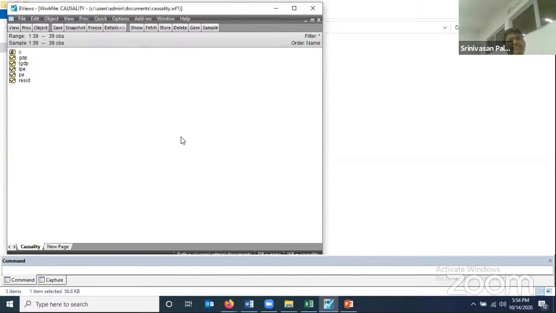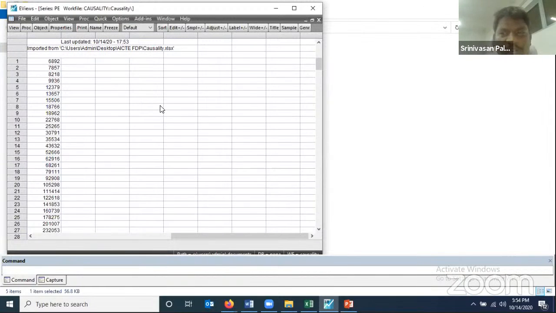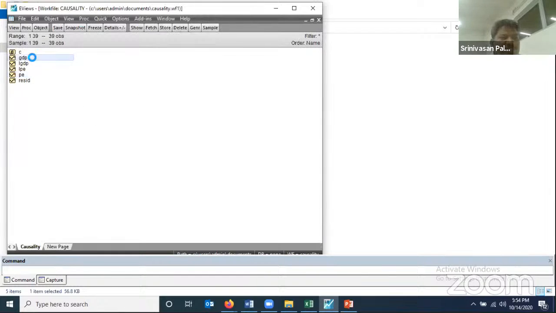Now you can see there are two variables in this eViews file. One is public expenditure, the other one is GDP. Just two variables I have taken.